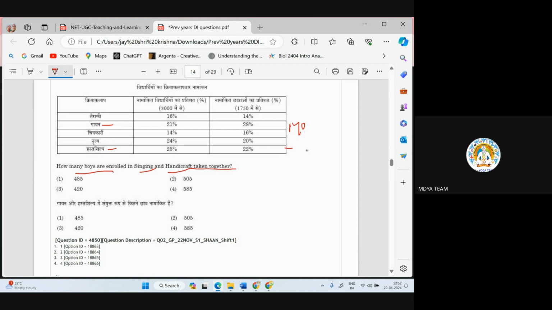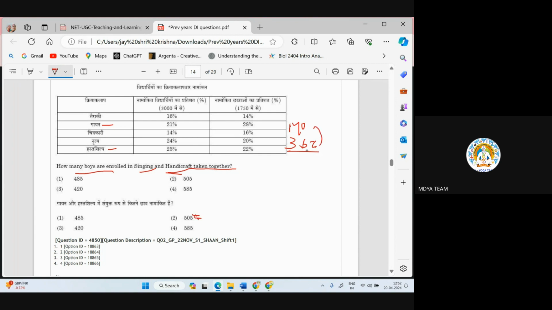Total is 365. Total 505, so the second option. No, sir, I'm only telling about this. What is this? Handicraft. Okay, so if you add this, it will be 505.